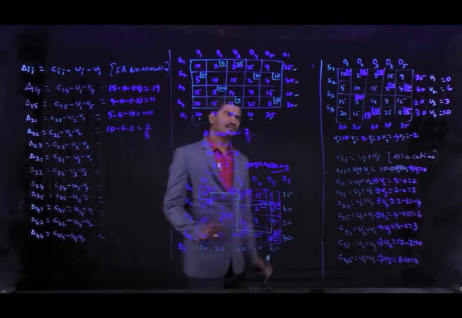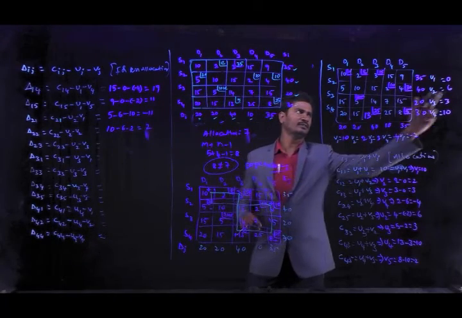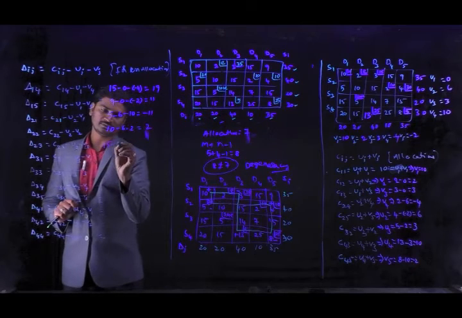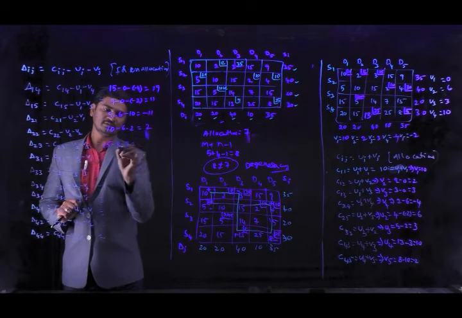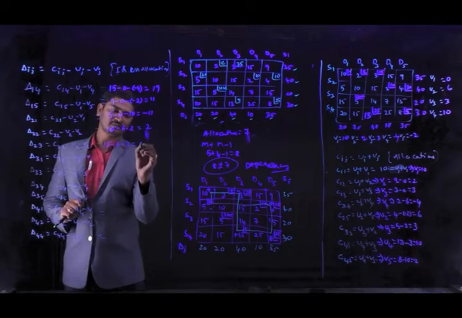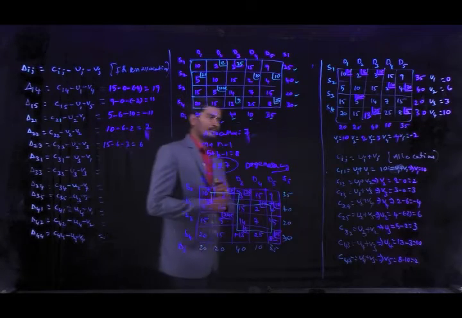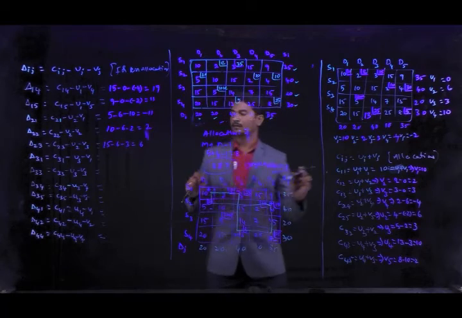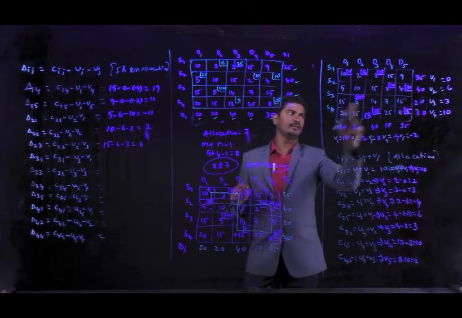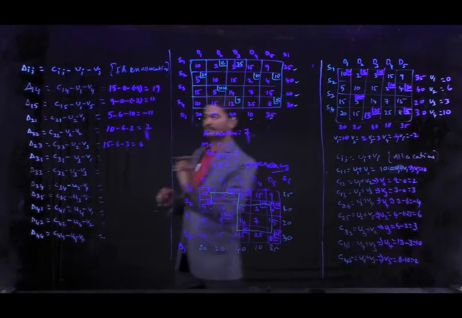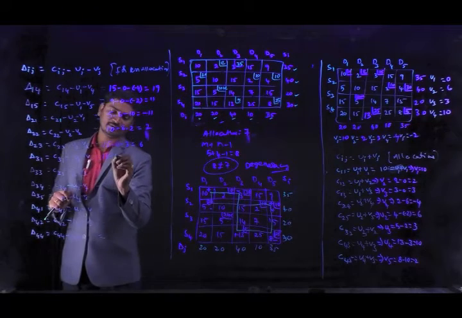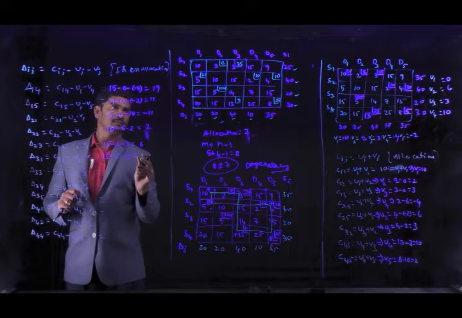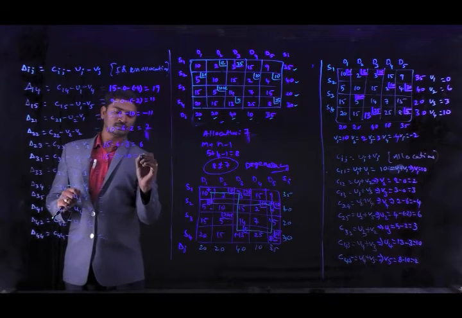Next C23, 15 minus 6 minus 3 is equal to 6. Next C31, 15 minus 3 minus 10 is equal to 2.